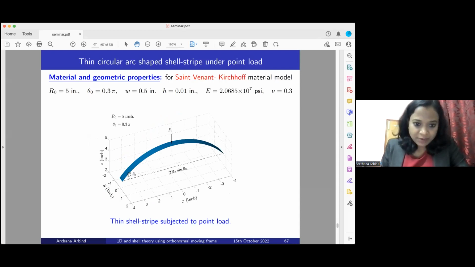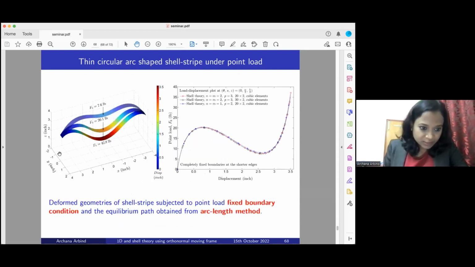In this case, we have analyzed a circular arc shell strip, and this will show instability. Hence, we have used the arc length method to trace the equilibrium path. So these two kinds of boundary condition are used. One is pinned and one is completely fixed. So let's see the fixed boundary condition.